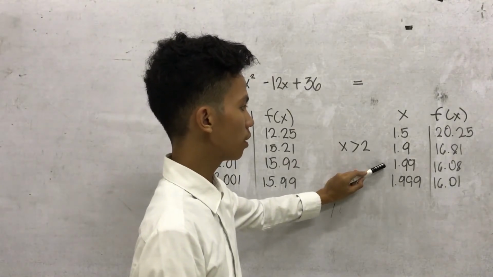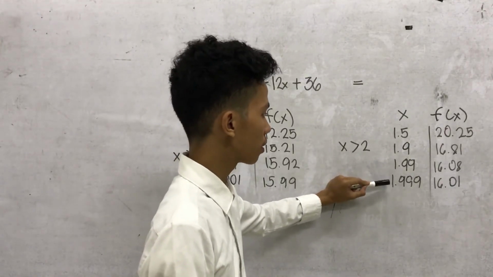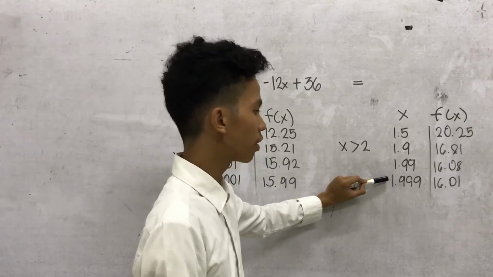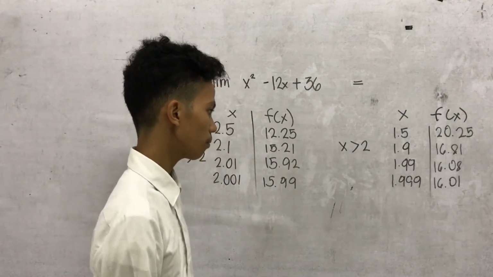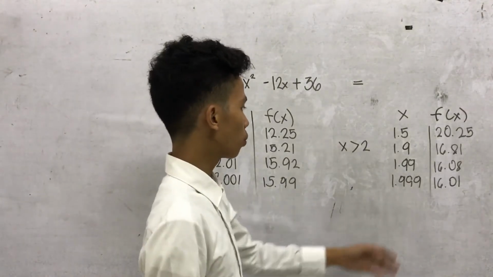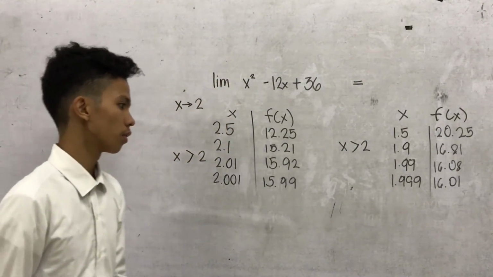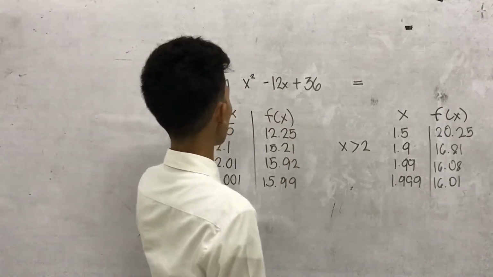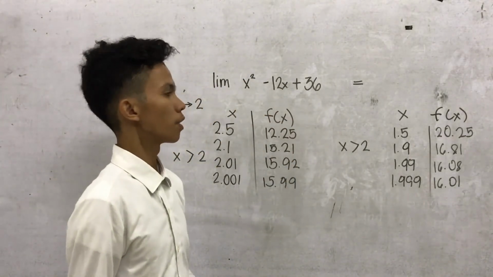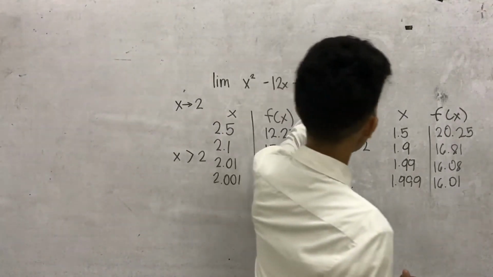The 1.99 is 16.08. And for 1.999, the f of x is 16.01. Since they are both approaching 16, the answer for the limit of x squared minus 12x plus 36 is 16.